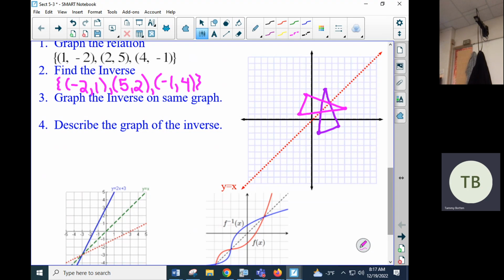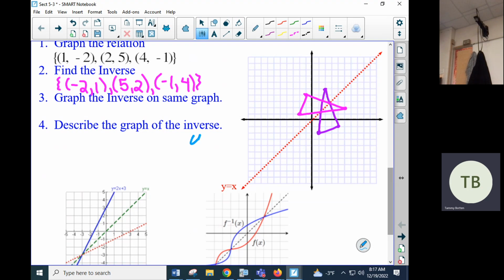Now what they want to do is have us say, what's the relationship between these? And one thing that you're going to notice today, when you graph a function and its inverse, it is going to be a reflection over this line. And this line right here is the line y equals x.